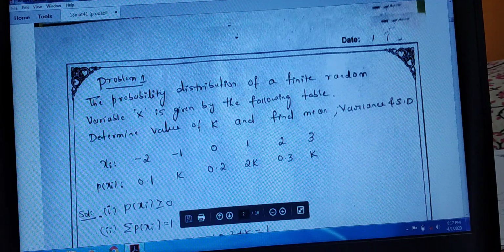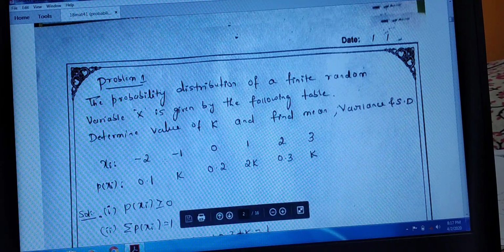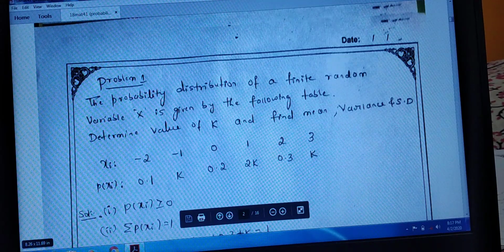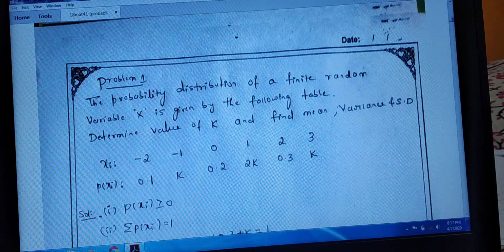This table is called the probability distribution of the random variable X, and p of xi is a probability density function or probability mass function. In this problem we have to find the value of k, and then find the mean, variance and standard deviation.